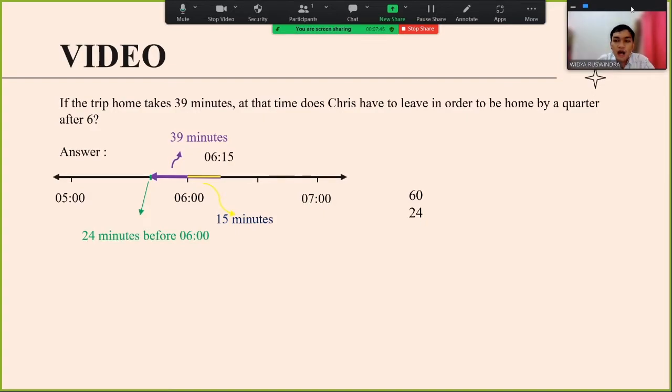Okay, we know in 1 hour is 60 minutes. So we must do minus. 60 minus 24 is 36 minutes. And 24 minutes before 6 o'clock is equal to 30 minutes after 5 o'clock.